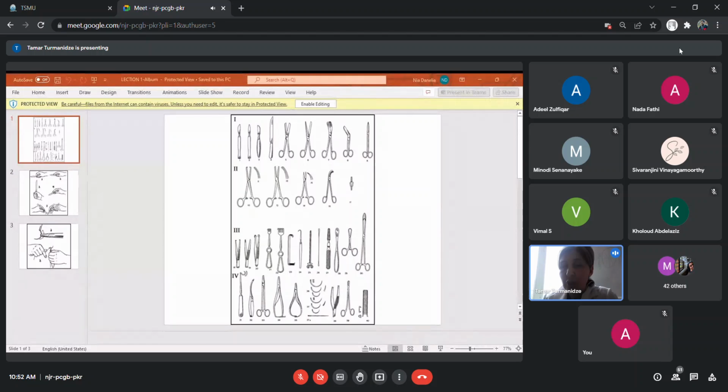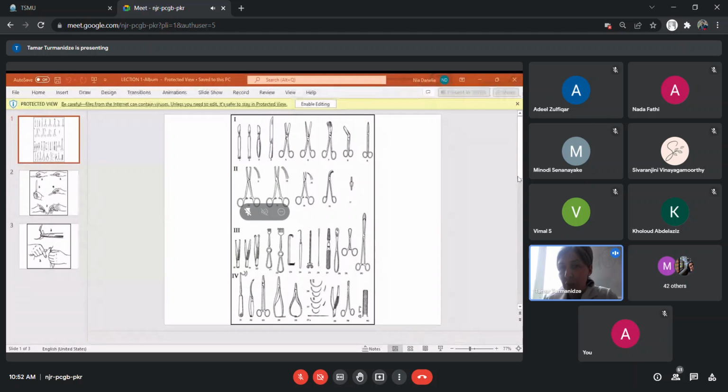Surgical operation is fulfilling mechanical influence on the organism for the purpose of diagnosis and treatment by a doctor. The main purpose of the surgical operation is to remove pathologically changed tissues, which is the main condition to restore the integrity of the tissues.